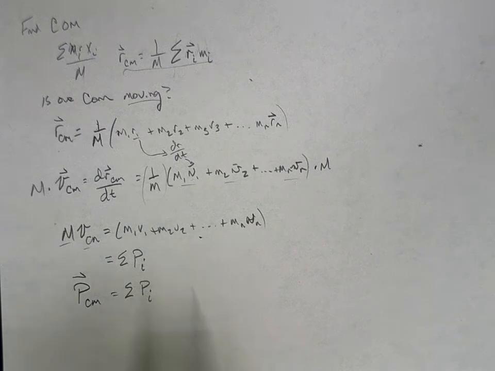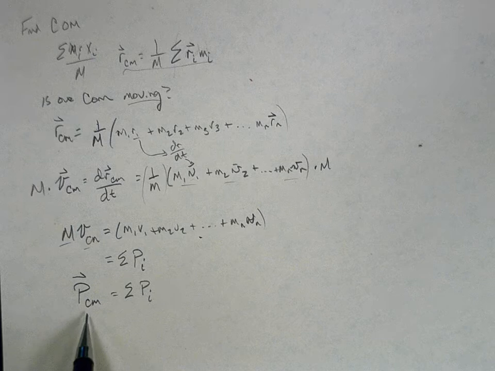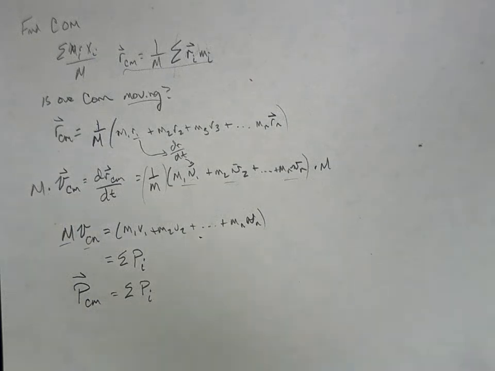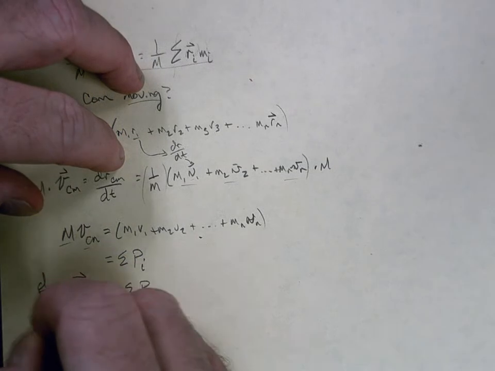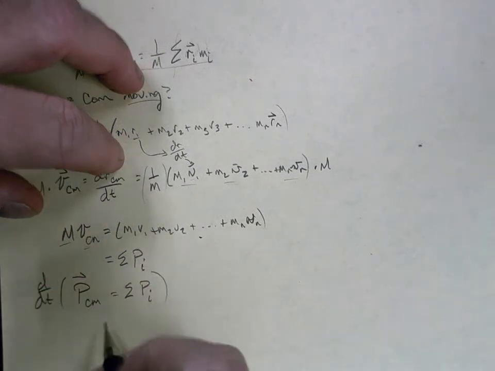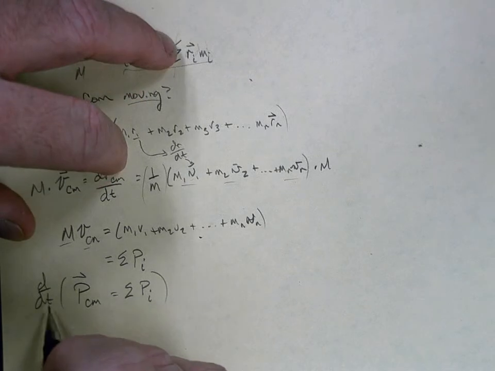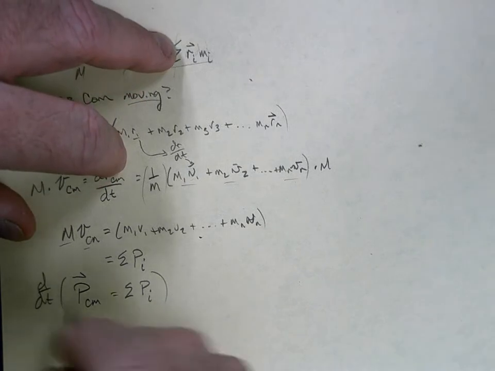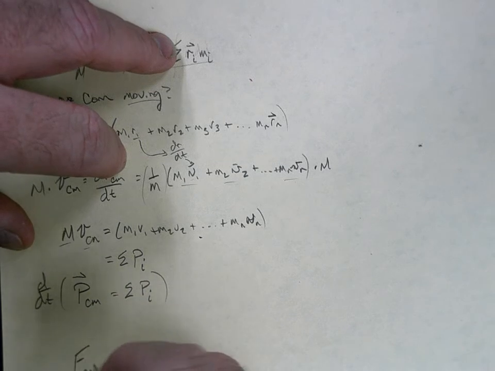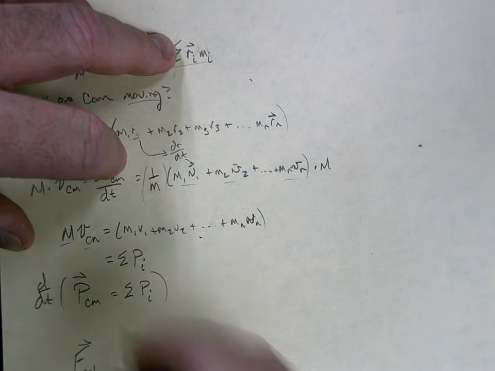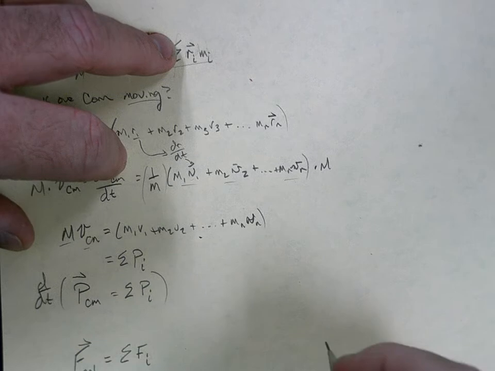Okay, but what happens if we take the time derivative of our momentum? This, of course, is our definition of Newton's second law. This is what Newton did, and he found that if we did dp/dt of this, if it's the center of mass, then the time derivative really just winds up being the net force on the object, because that equals the sum of the forces on each individual object.